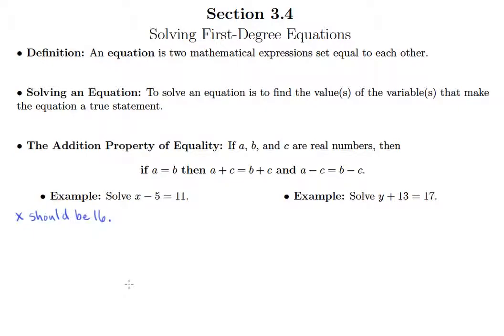But obviously, not all equations are going to be quite so simple. So we need to come up with a process for solving an equation. And so what we use is the addition property of equality in this situation. If you have one expression equal to another, so you know that A and B are equal, then if you add the same thing on both sides of that equal sign, you still haven't changed the fact that the left equals the right.